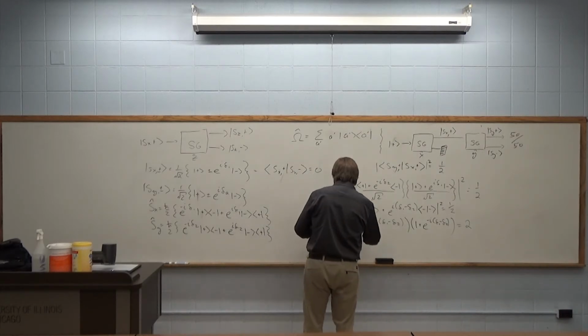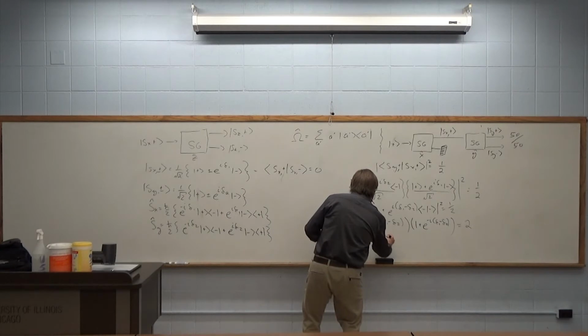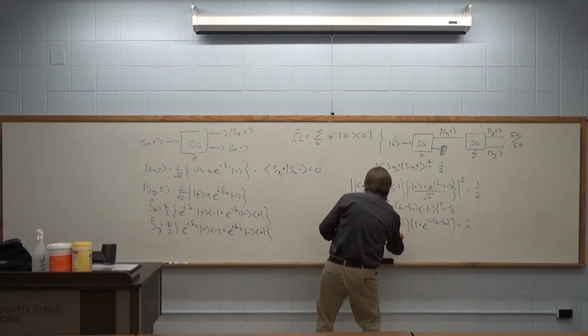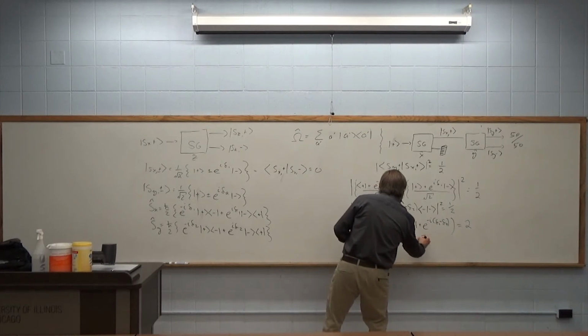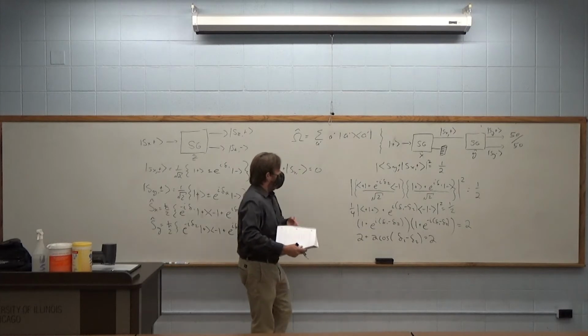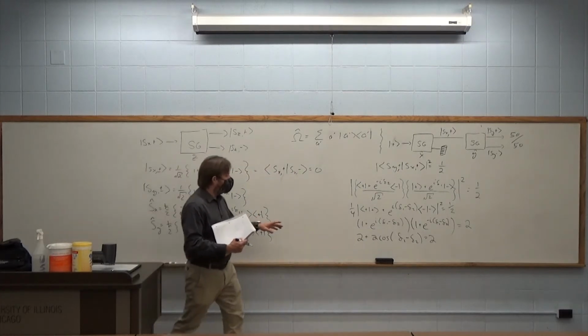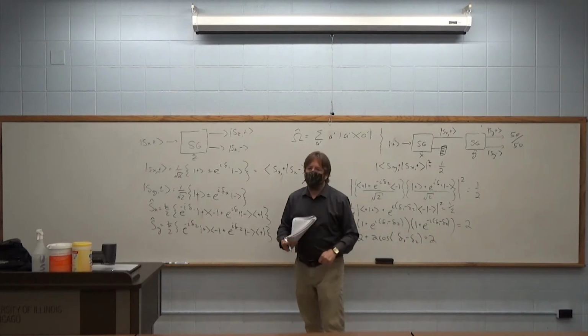Okay, I'm just going to tell you real quick what this is going to turn into: 2 plus 2 cos(delta 1 minus delta 2) equal to 2. Okay, so you're going to have e to the ix plus e to the minus ix.